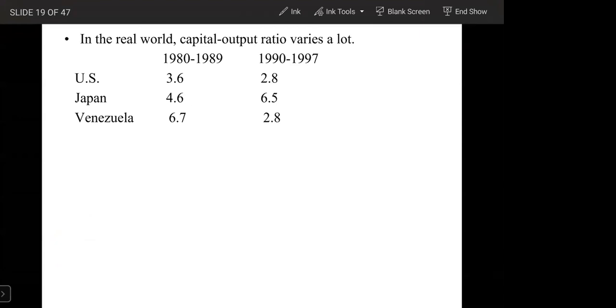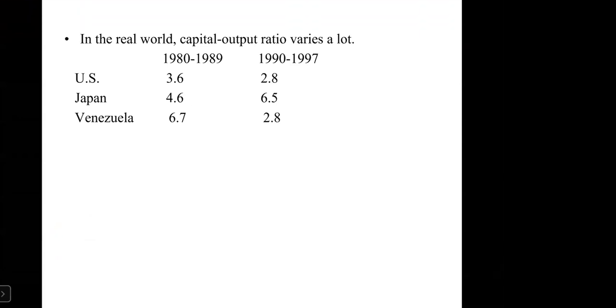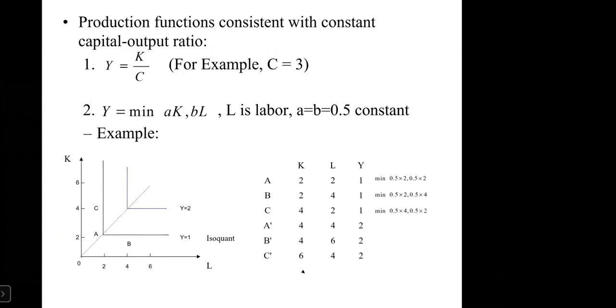So we are toward the end of the Harrod-Domar Model. Let's just go back a few slides. Okay, so the Harrod-Domar Model relies on a very particular production function. Essentially, it must have a constant capital output ratio. Okay, so here we have two examples.